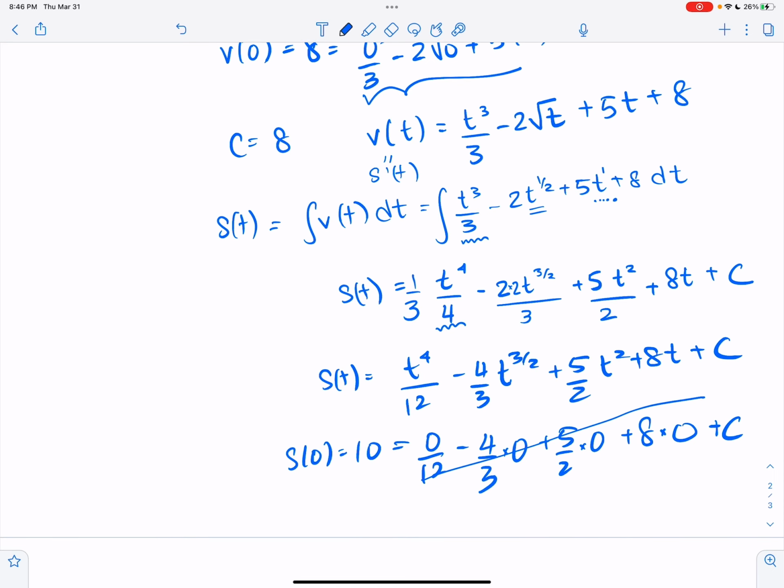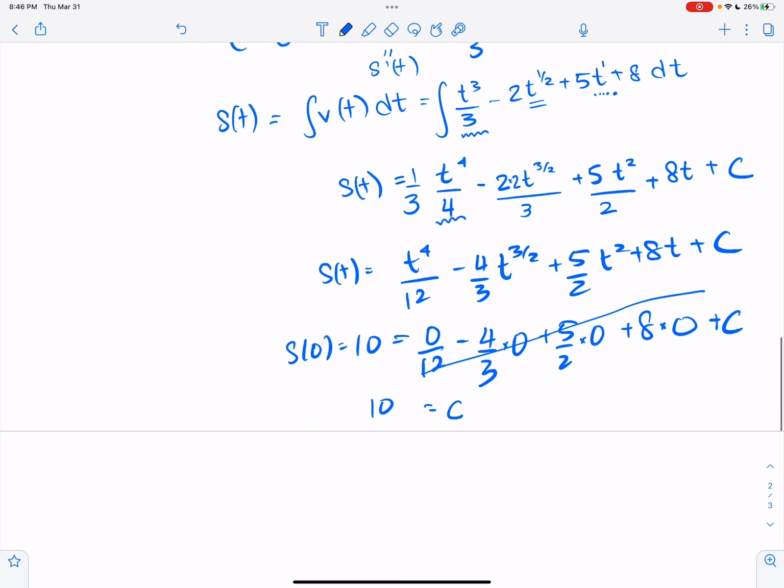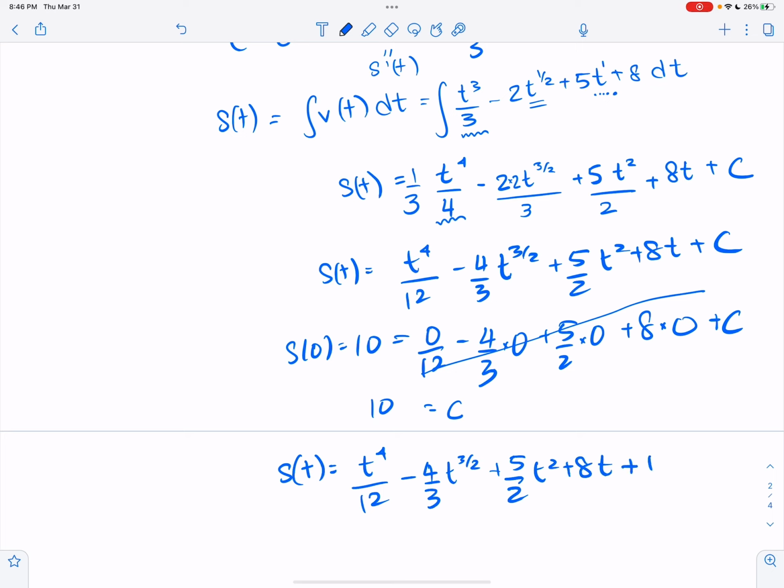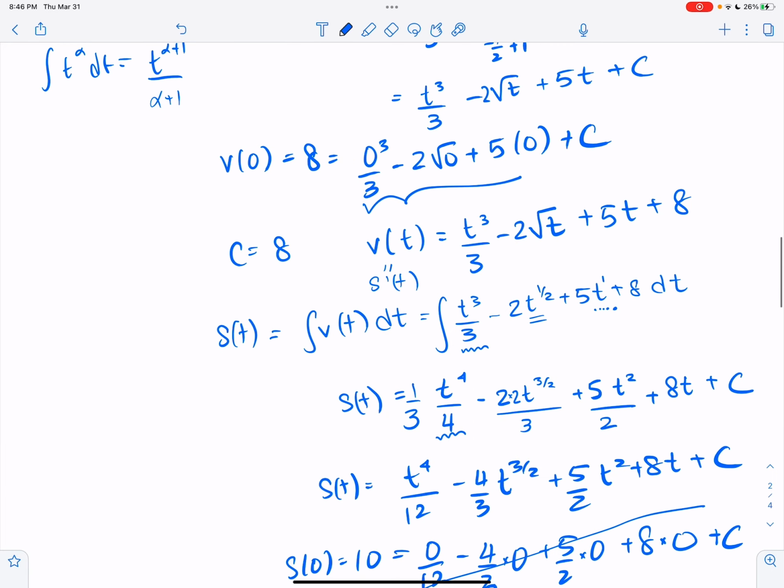It was just 0 plus c, so c is just 10. So you have that the position s of t will be t to the 4th over 12 minus 4/3 t to the 3/2 plus 5/2 t squared plus 8t plus 10. And that is your position function.